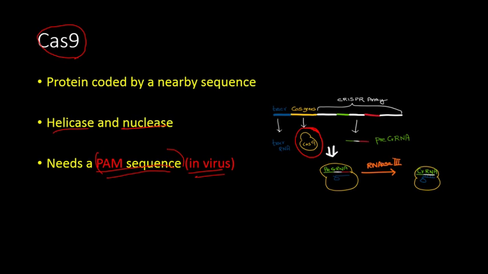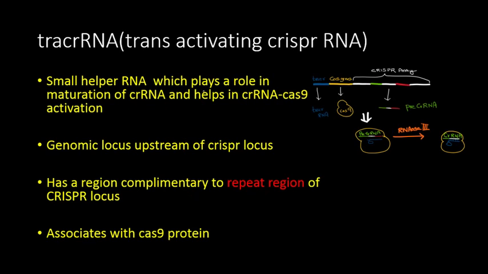So now tracer RNA, or trans-activating CRISPR RNA. It is a small helper RNA and it plays a role in maturation of CRISPR RNA and helps in CRISPR RNA Cas9 activation. This is the tracer RNA here, and it is required for the activation, and it can be seen upstream of the CRISPR locus.